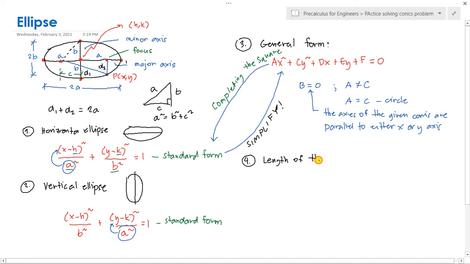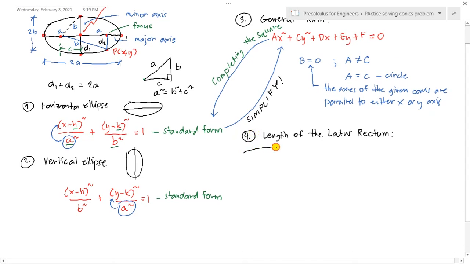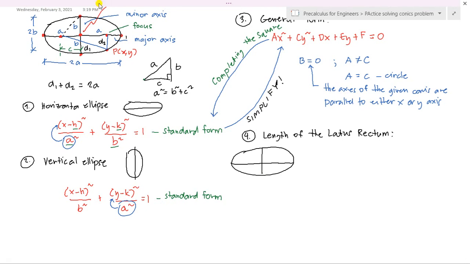And then, lastly, for an ellipse, na ba tayo gitawag nga the length of the latus rectum. In an ellipse, if we're going to draw again the ellipse, ang latus rectum niya class is, diba naa tayo duha ka foci. Foci here and on the other side.